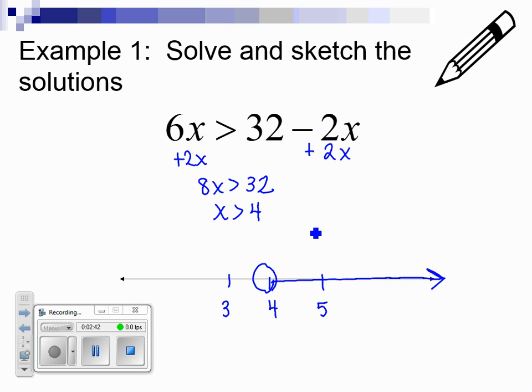That's an open circle. Anytime we have a greater than or a less than sign, we use an open circle. So an open circle at 4, and then everything greater than 4. That would be the solution and the graph of this inequality.